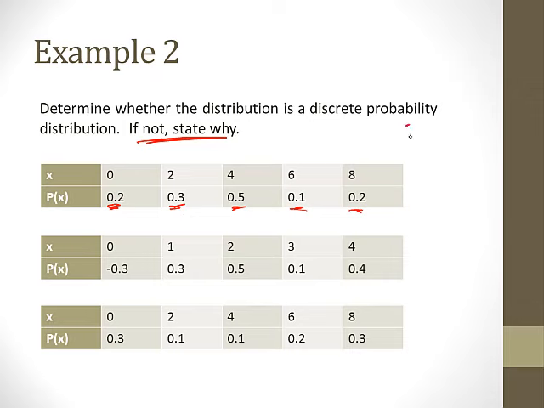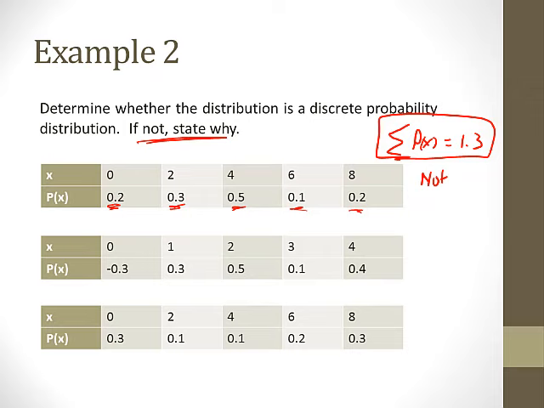So the sum of the probabilities is 1.3, and that violates one of my properties, right? So this one is not a distribution, and here's the reason why. The sum is 1.3. The sum needs to be 1. We can be super close, like 1.001 or 0.99, just due to rounding errors, maybe.